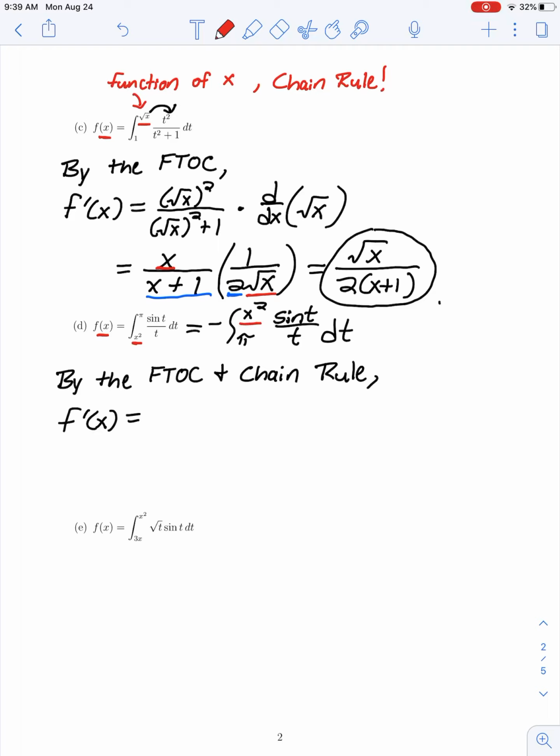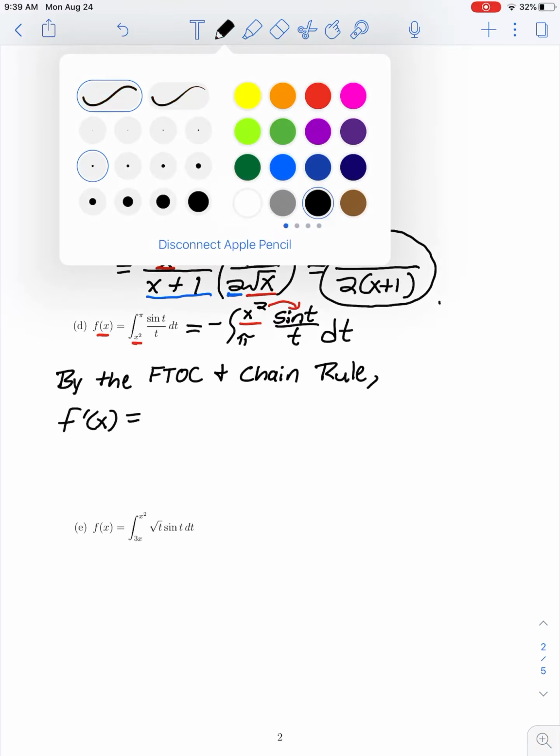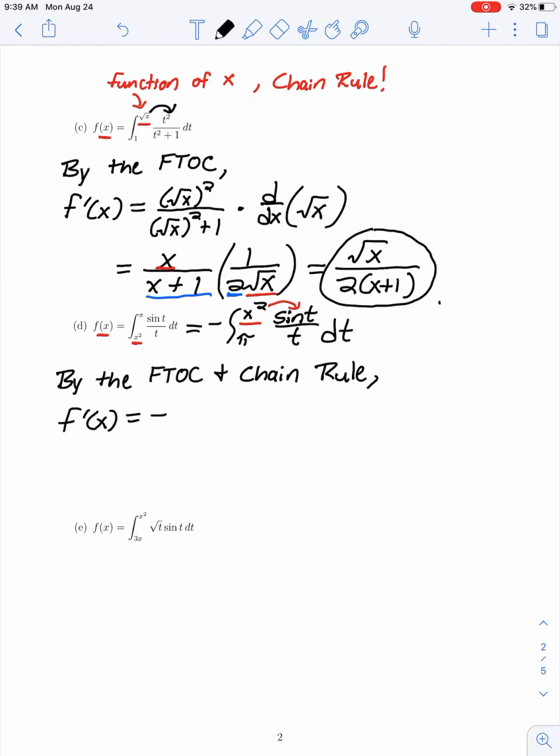We take this function, which is our upper limit of integration, and we're substituting it in to our integrand. So we had the negative out in front of the integral, and we now have sine of x squared divided by x squared. But now we have to remember from the chain rule that we're multiplying by the derivative of the inner function, which was x squared.